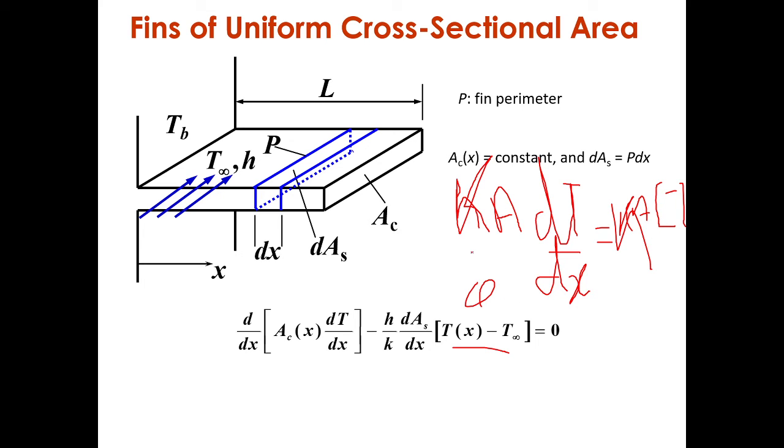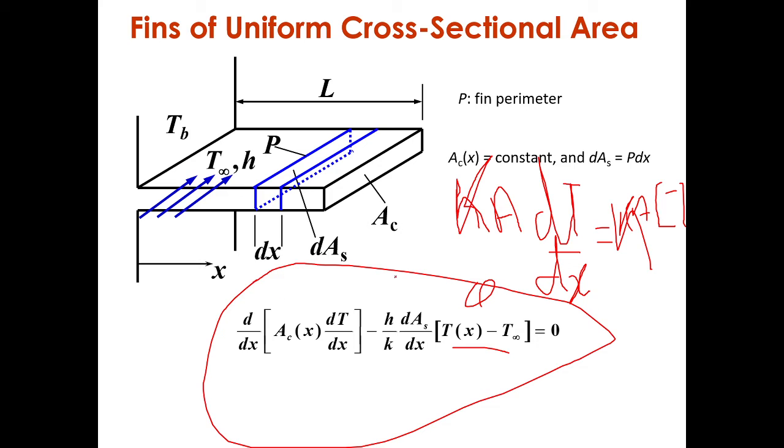And when we divide by dx, we get that equation. I hope all of you understand what I am saying. Another, when we multiply by dx, then d²T upon dx² minus hP by kA_c into T minus T infinite.